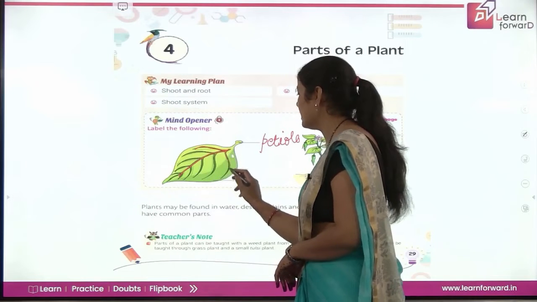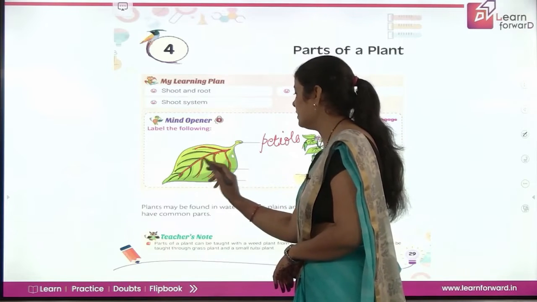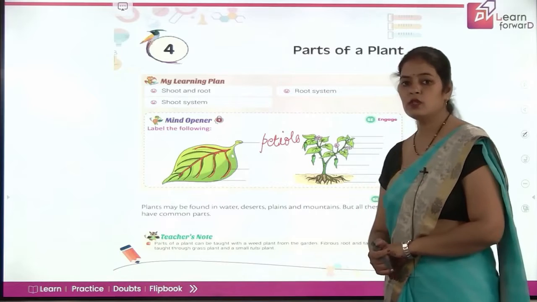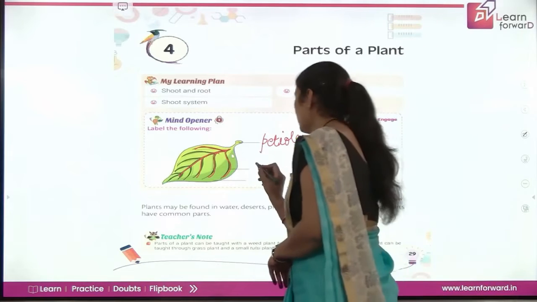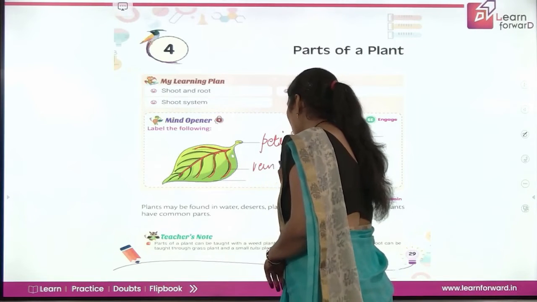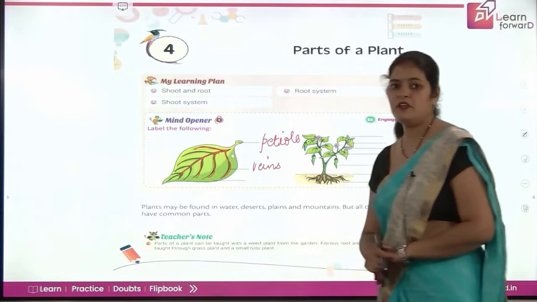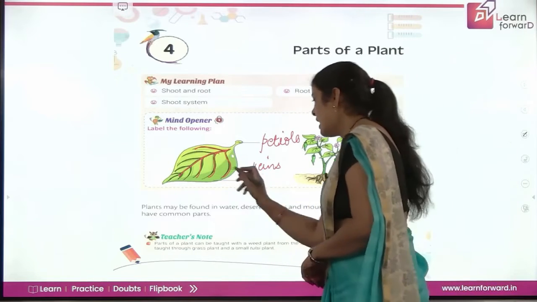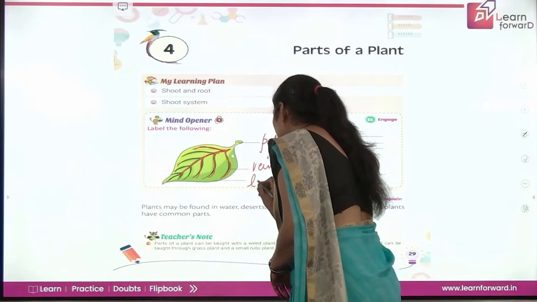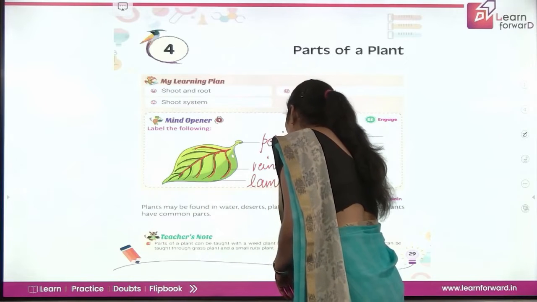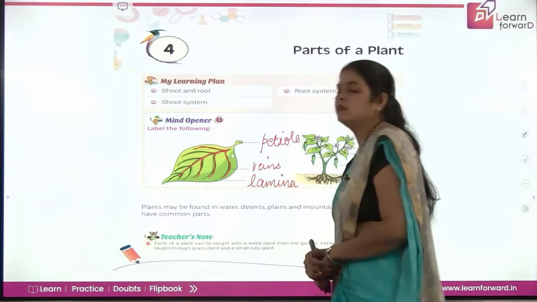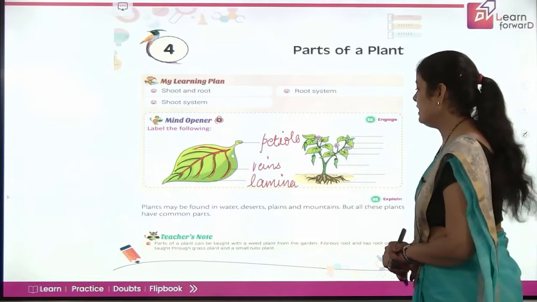Later on I will explain each and every part, but because they are asking to label the parts, these are called veins of the leaf, V-E-I-N-S, and this is called lamina or leaf blade.